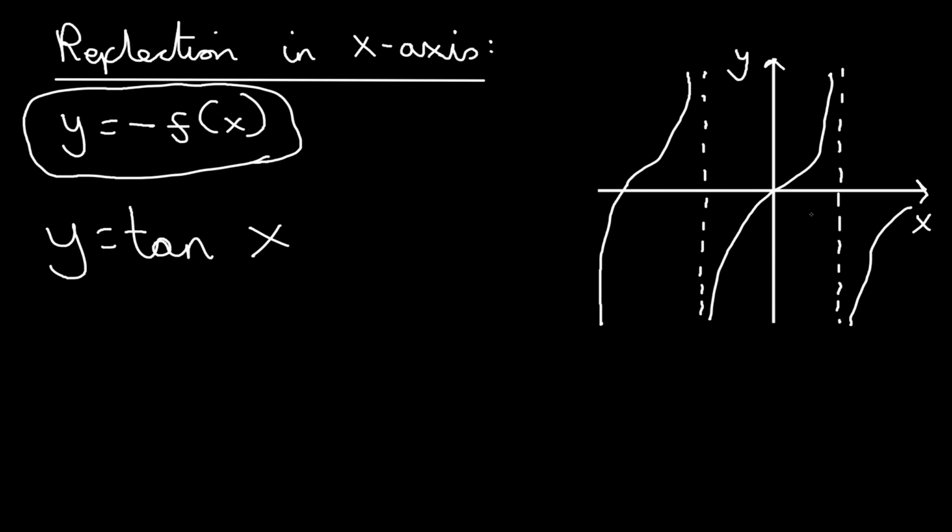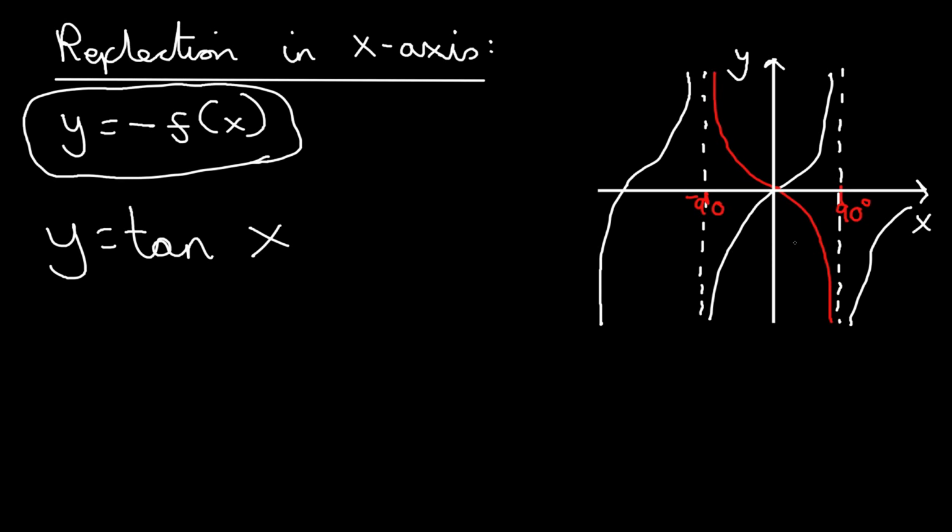So let's say our reflection along this piece here from 0 to 90 degrees gets flipped like that, and everything from 0 to negative 90 degrees gets flipped along this line here, so we end up with that.